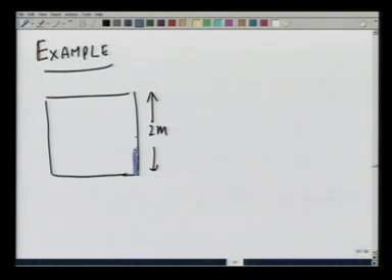This is hinged at this point A and is stopped by a wedge or a block at B. We want to calculate the reactions at A and B when the water is filled up to 1 meter.